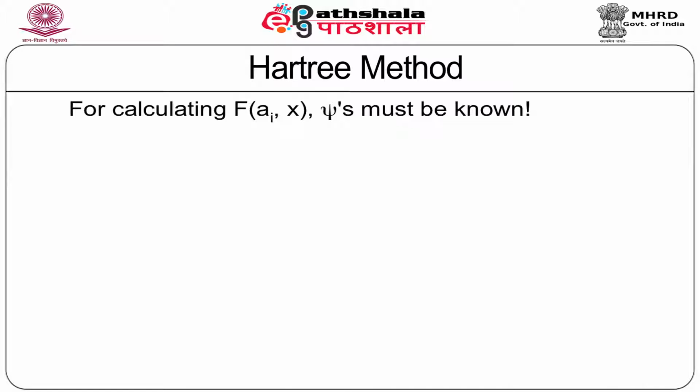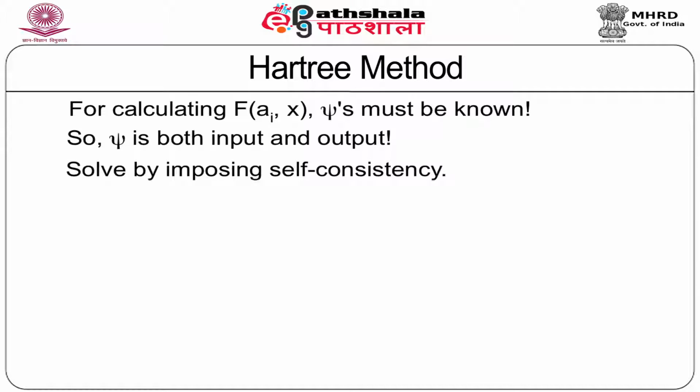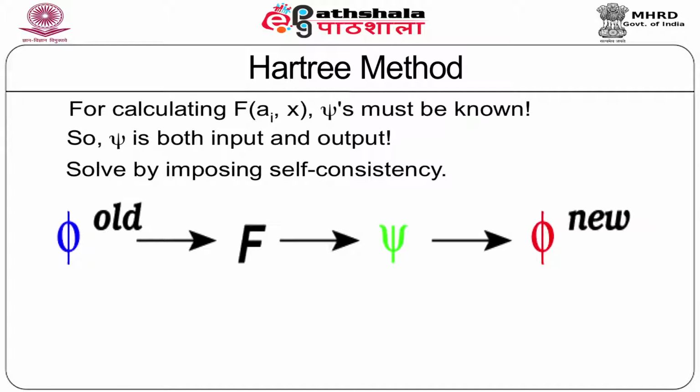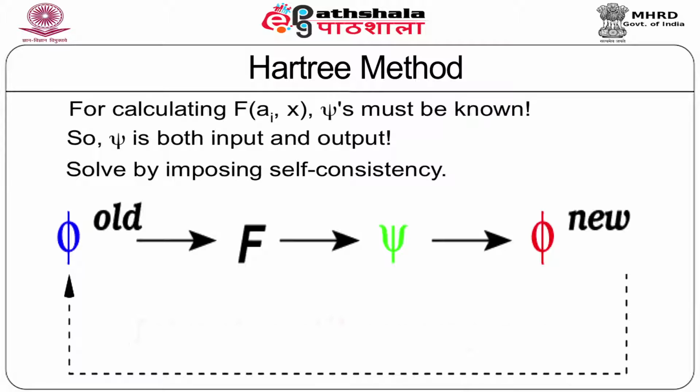However, psi's can be calculated only if f is known. So we have a funny situation where psi is both input and output. This leads to a problem which can be solved by imposing self-consistency, as is described in the following cartoon figure.